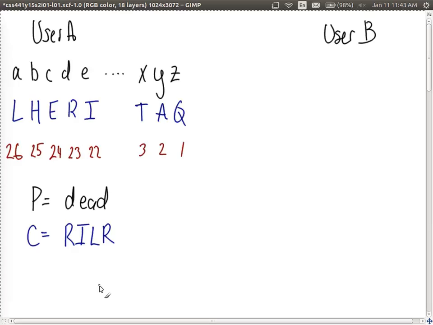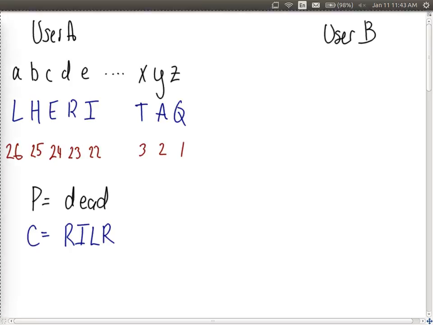The comparison to the Caesar cipher: an important point here is how many possible keys can we choose from? Well, I can use this mapping, or I could have chosen a different mapping, which would give us a different ciphertext, which is equivalent to a different key. How many possible mappings are there?